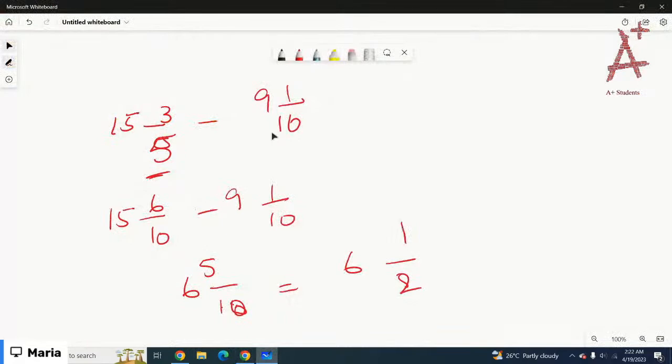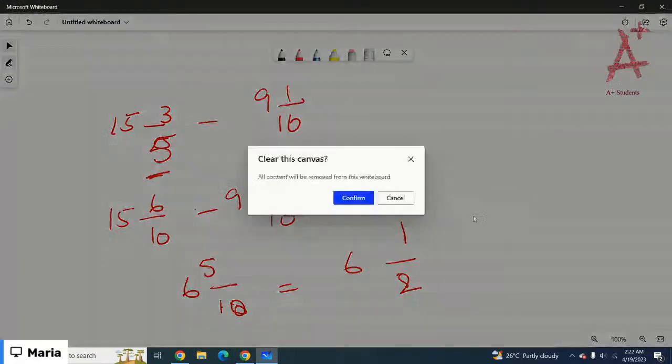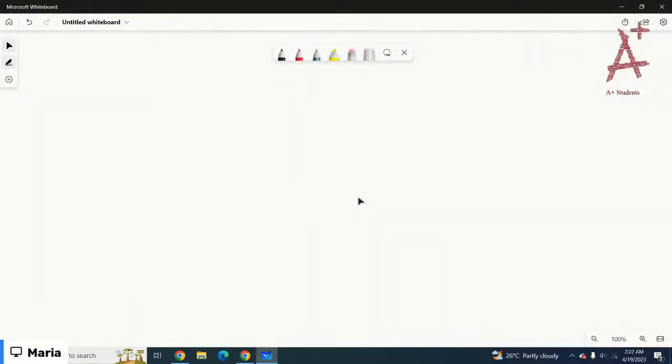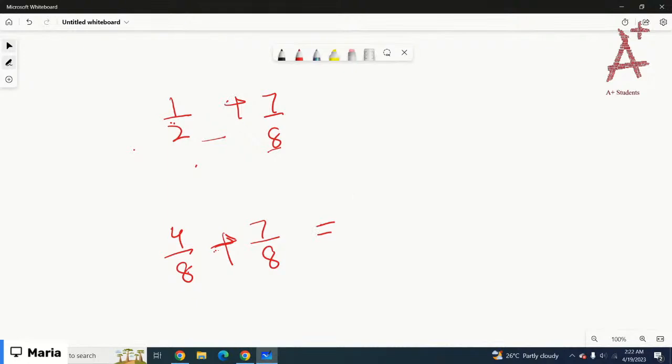Got it? They have unlike denominators. You have to make the denominators same. 1 over 2 plus 7 over 8. The common denominator is 8. So you need to multiply this fraction by 4. So it would be 4 times 1, 4 times 2 is 8. Now they have like denominators. Simply add their numerators. 7 plus 4 is 11 over 8.